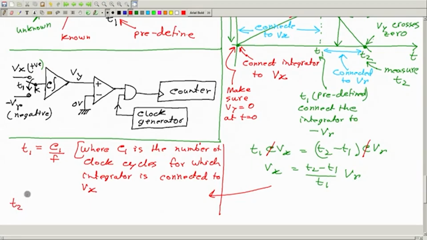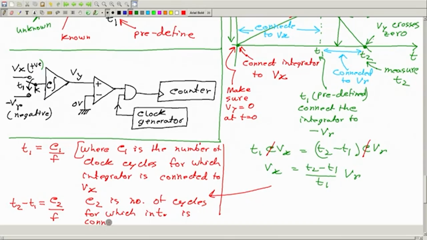Similarly, T2 minus T1 will be the same as C2 by F, where C2 is the number of cycles for which the integrator is connected to VR, the reference value, and F is the frequency of this clock generator.